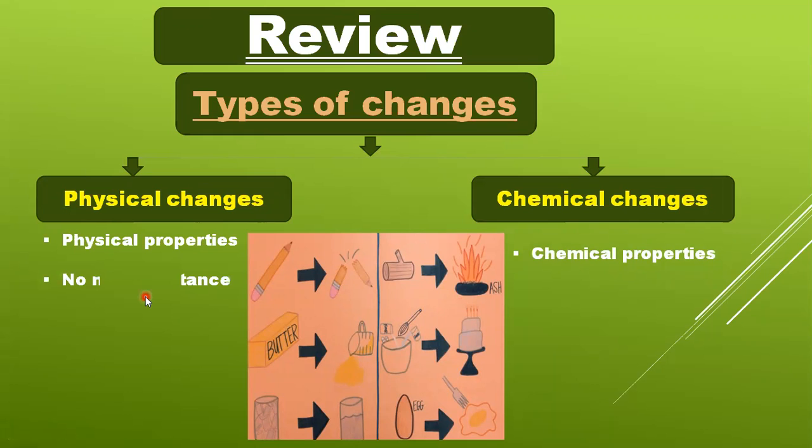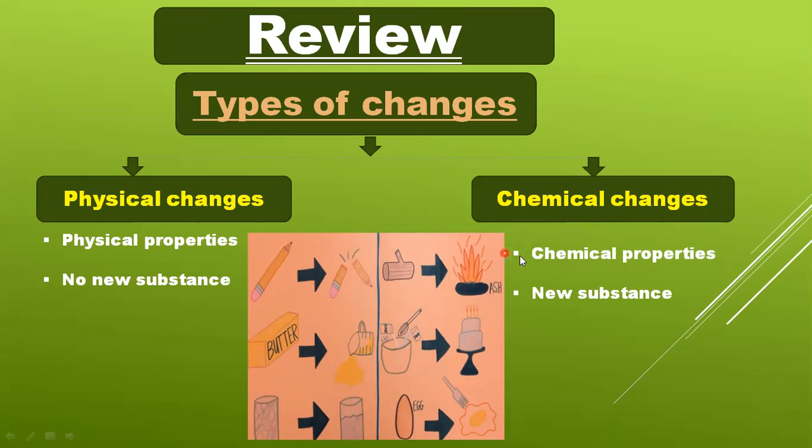Now come towards the next point of difference between the physical change and the chemical change: in case of physical change, no new substance is going to form. Beta, as you can see here, we had a pencil, and when we break a pencil into two parts, this is still a pencil. This is not a new substance. So no new substance will form in the physical change.